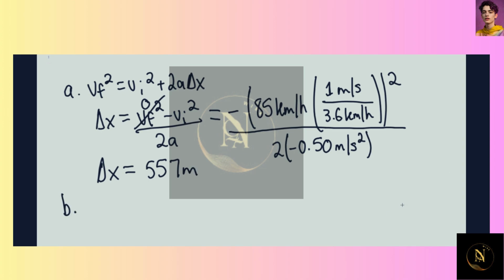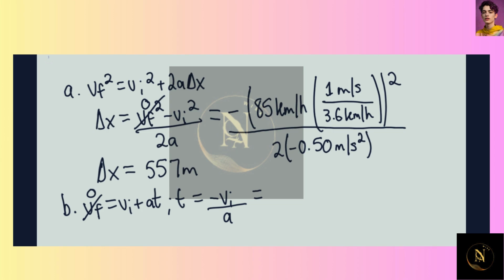For part B, we want to find the time to stop. So we can say that velocity final equals velocity initial plus at. We know that the final velocity is 0. So we can say that the time taken would simply be equal to negative 1 times the velocity initial divided by the acceleration.